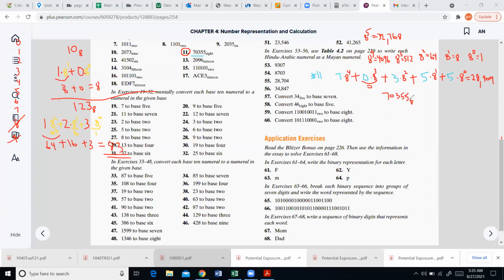It's 7355 base 8. It's actually 7 of these 4,096s, and 0 of that and that. So it's not really 70,000. It's 7 of these, 0 of these, 3 of 8 squares, and so forth. In the base 10 it will be 28,909, but it's actually base 8.